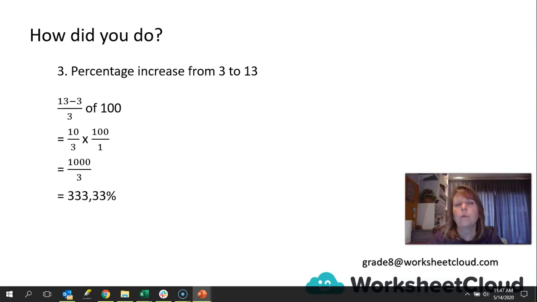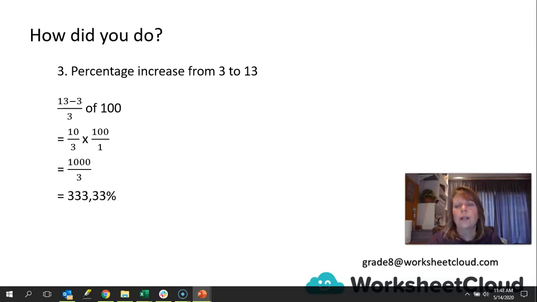Okay, and that will give me 333,33 recurring actually percent. We're going to round it off, so it's 333,33%. And I'm sure you're going, but surely we can't have anything more than 100%. Well, all this tells us is that the percentage increase from 3 to 13 is more than 100%. If it was from 3 to 6, it would be 100% because we are actually doubling our original amount.